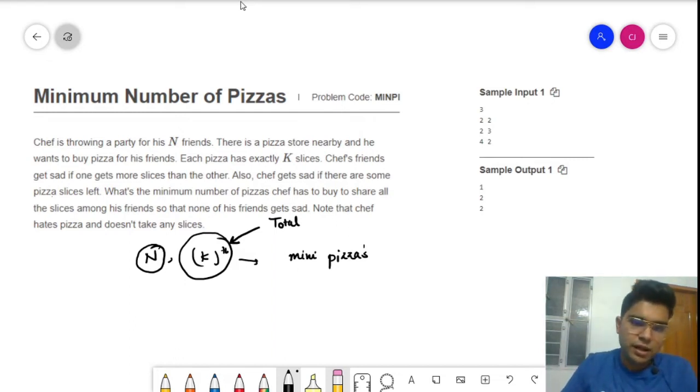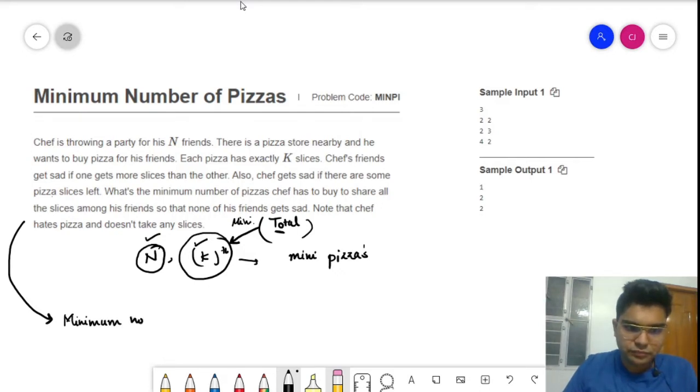So now, this minimum number we need to find is such that the number is divisible by n and also divisible by k. So the problem statement boils down to finding the minimum number that is divisible by n and k.